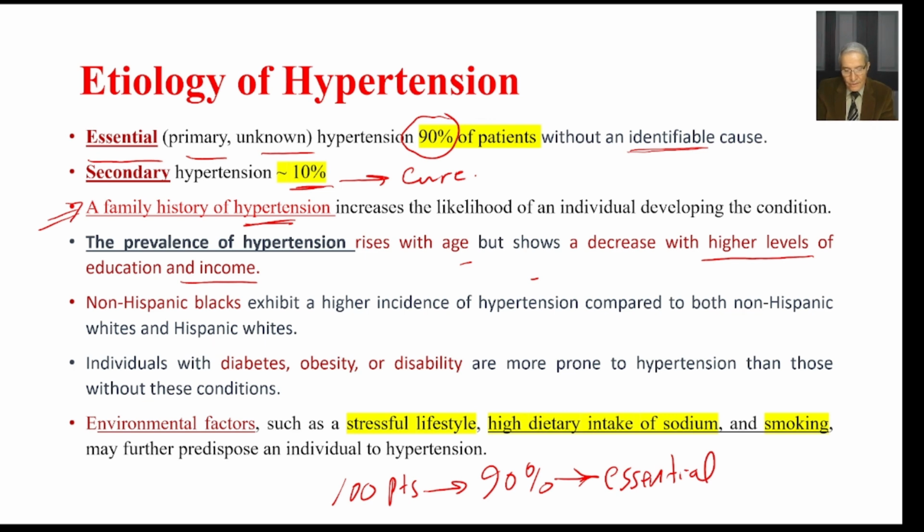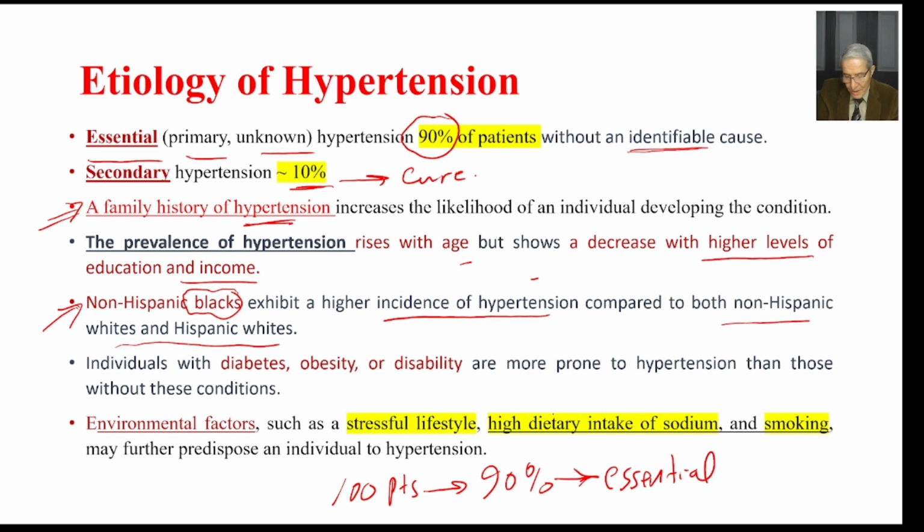A study found that non-Hispanic Black people, African American people, exhibit higher incidence of hypertension compared with non-Hispanic white and Hispanic white people.